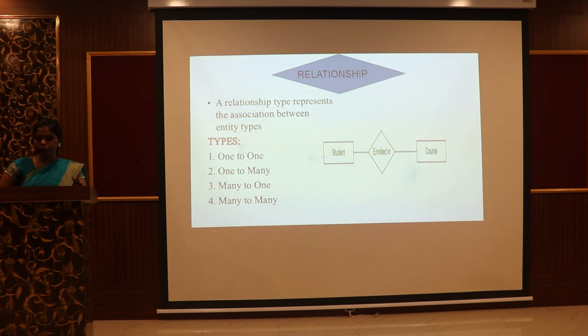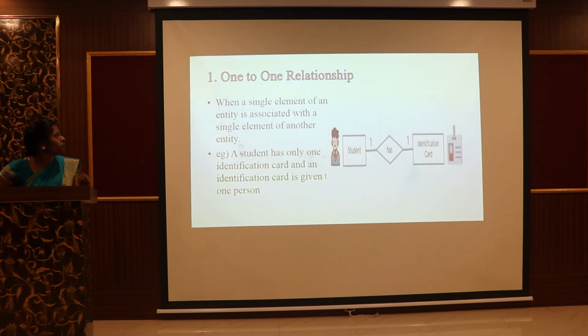So what is one to one? When a single element of an entity is associated with a single element of another entity, that is called a one-to-one relationship. For example, a person has a passport. One person has only one passport, right?